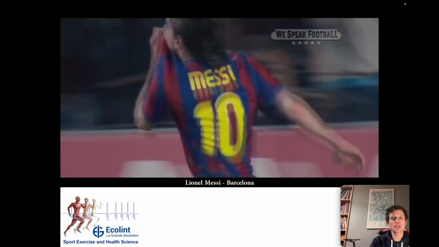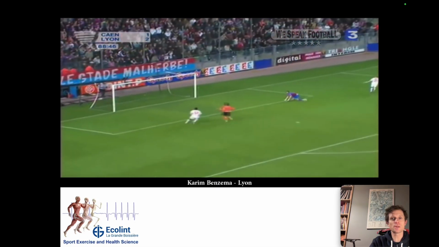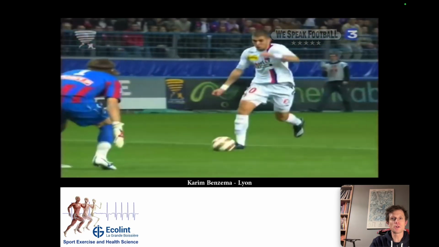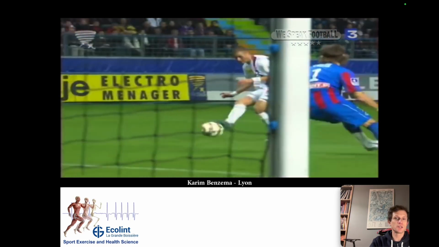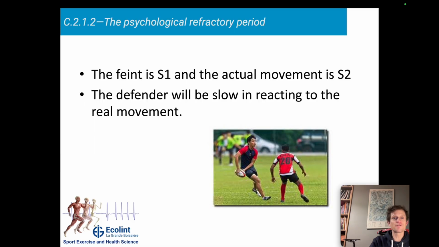The response to the second stimulus is delayed because the processing has to take place of the first stimulus. This is a really good example. Stimulus 1, stimulus 2, response being delayed. So the feint is stimulus 1 and the actual movement is stimulus 2. The idea being the defender is going to be slow in reacting to the real movement.